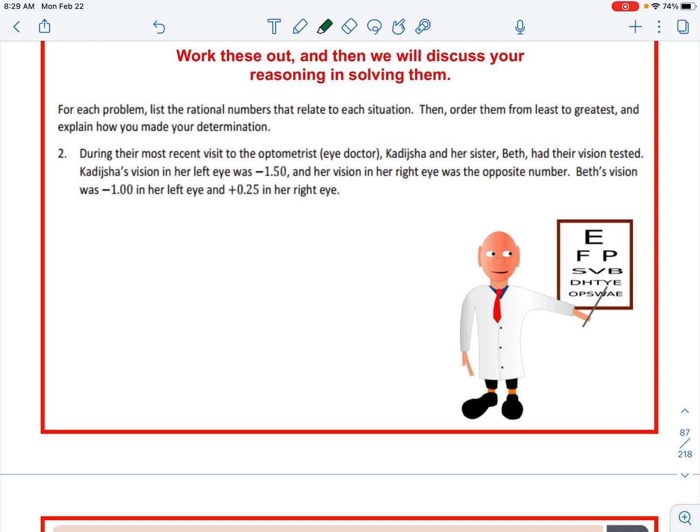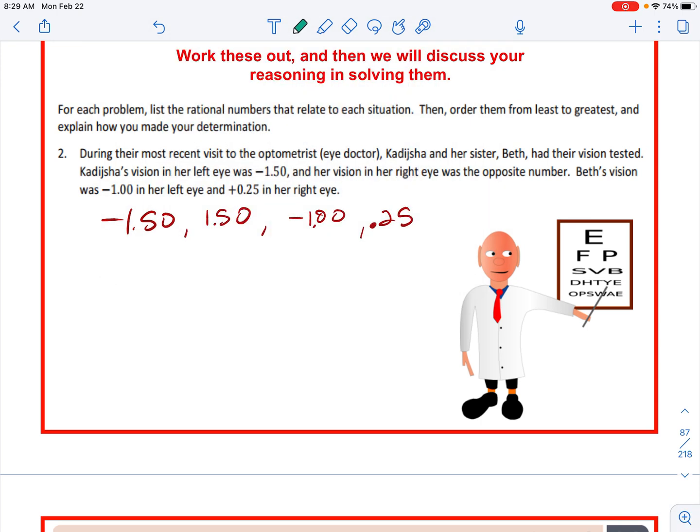Okay, so we need to order these in order from least to greatest. So we have -1.50 and its opposite, which is 1.50, and then -1 and +0.25.